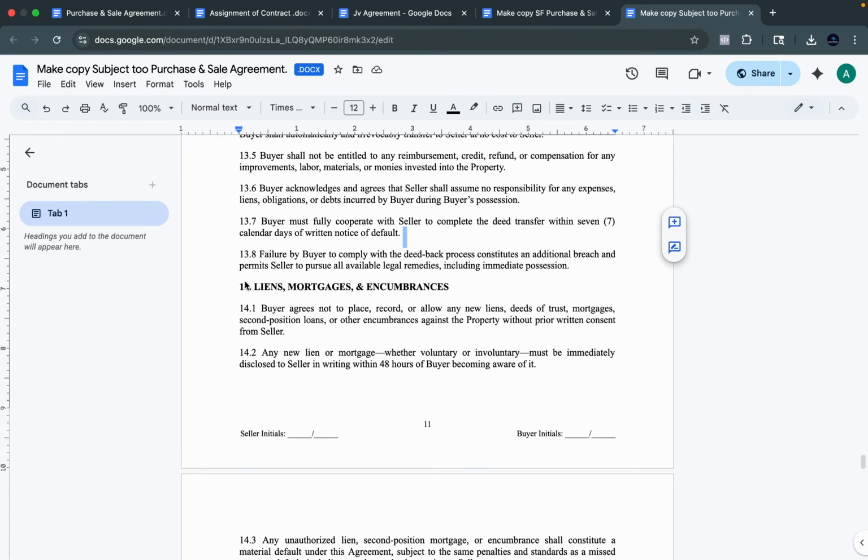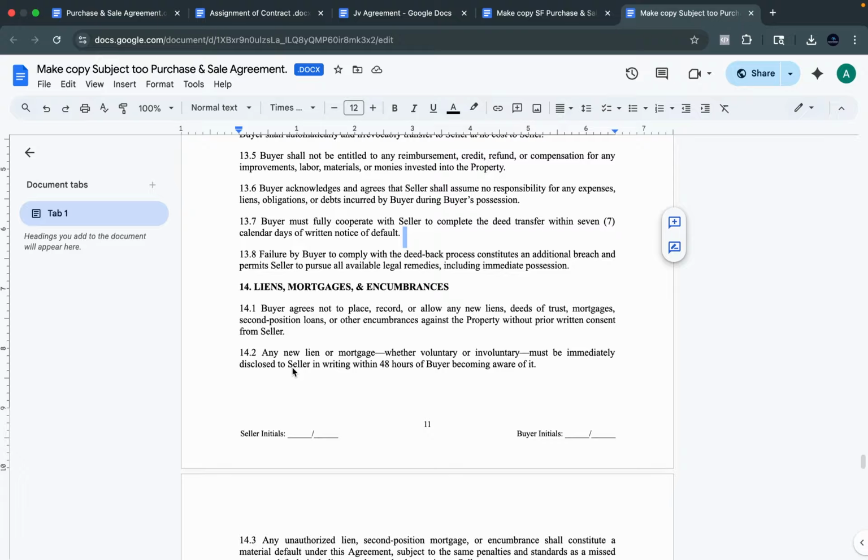And then again here, this is liens. This basically just states that the buyer cannot take out additional liens or mortgages on the property, right? I've seen cases where buyers will take over subject to agreements, and they understand that it's under the seller's name, and sometimes they try to take out loans or second position mortgages under the seller's name, which is not right, and you guys shouldn't do it.